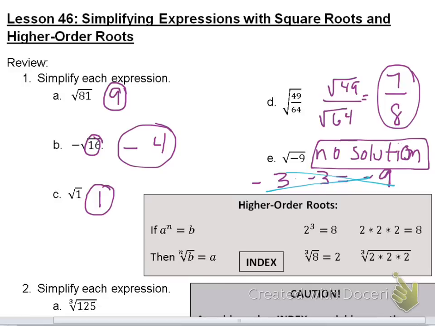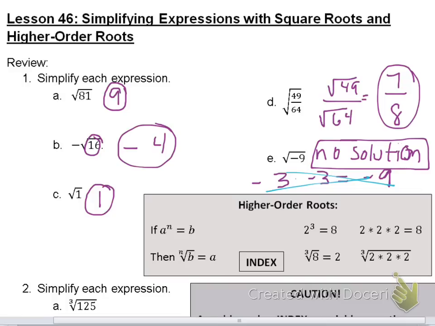Now in this box, at the bottom of our screen here, I have a box in the middle that just says index, and in a moment we're going to point out all of the things in the box that are considered an index. But just to start off, if a to the n power equals b, then b to the nth root equals a. So I give you an example over here. 2 to the third power equals 8.